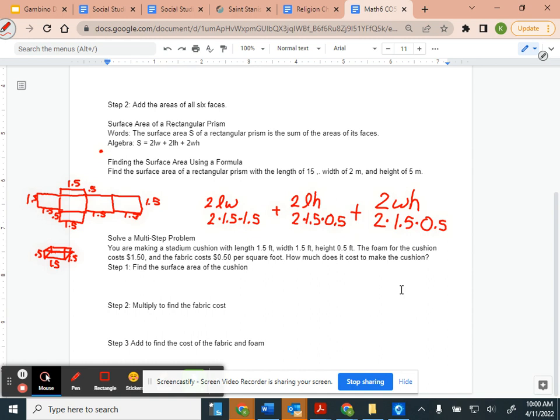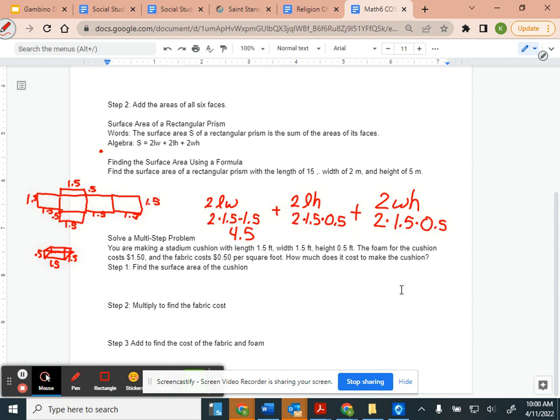So what do we get for our surface area? Brielle? What is the surface area of the whole cushion? If we have the surface area for the 2 times the length times the width, what's 1.5 times 1.5? Times 2.